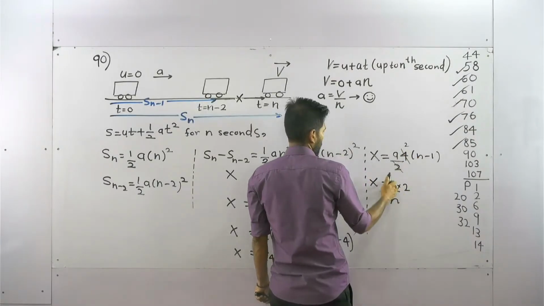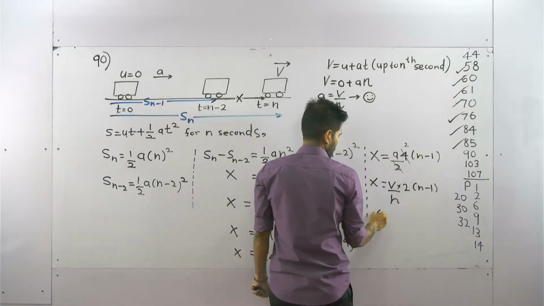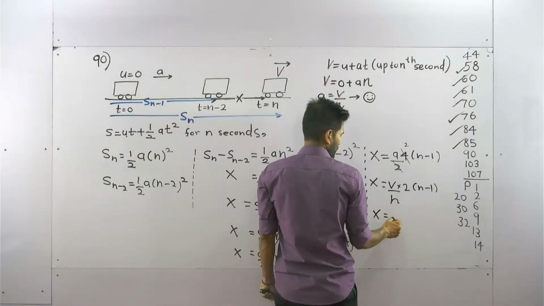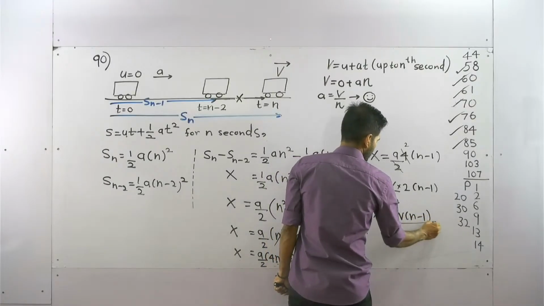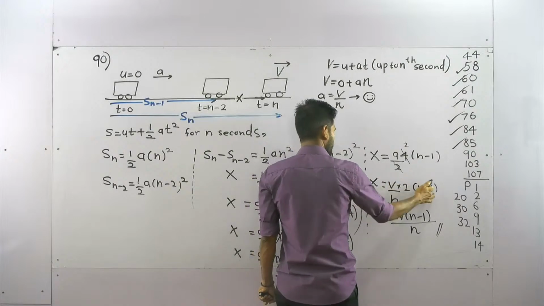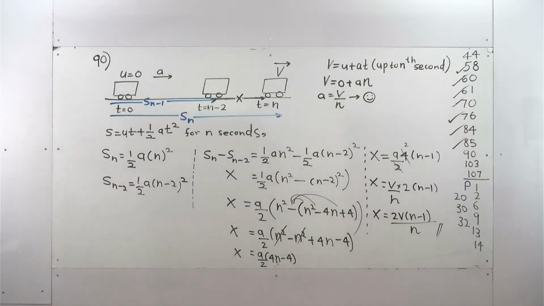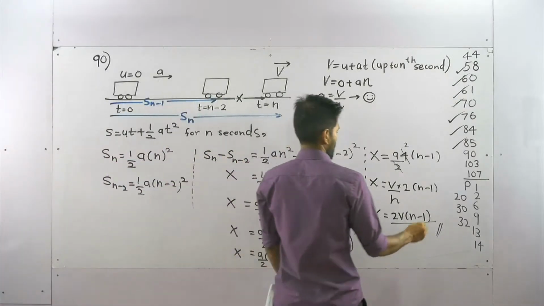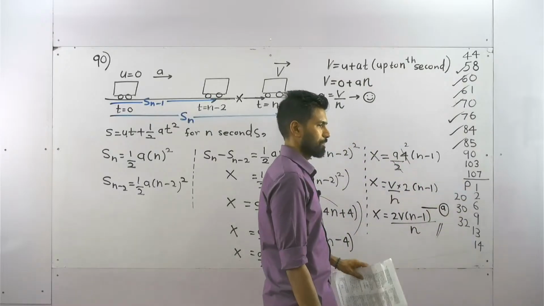So X is equal to 2V (n minus 1) over n. Answer is A.